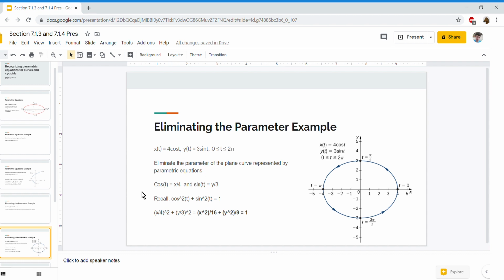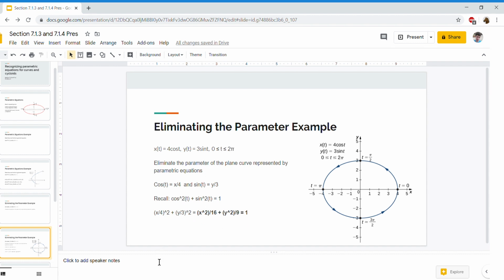And to proceed, you must recall the trigonometric identity cosine squared plus sine squared equals 1. So we have a value for cosine and sine. If we just take the squares of those, then the sum of those squares will equal 1.